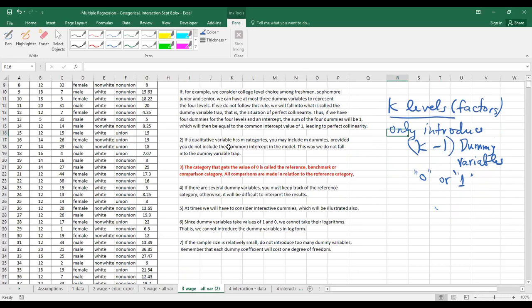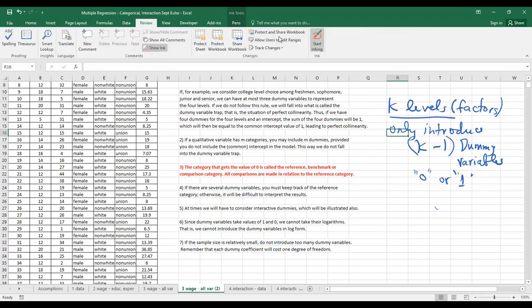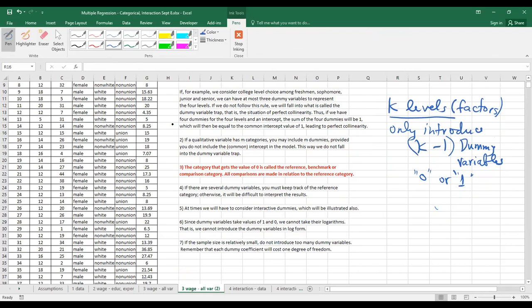Okay? If a qualitative variable has m categories, you may include m dummies. Nga pala importante ito, yung number 2, guys. Pwede ba na kunyari, 2 categories ang isama ko, 2 dummy variables din, guys? Is this possible? If a qualitative variable has m categories or m factors, you may include m dummies.